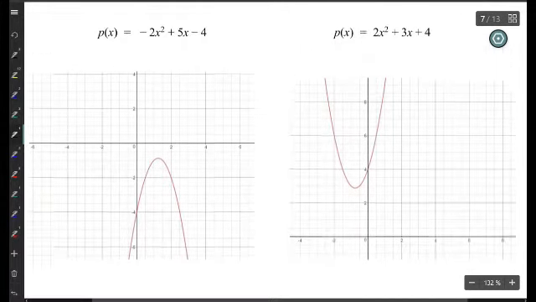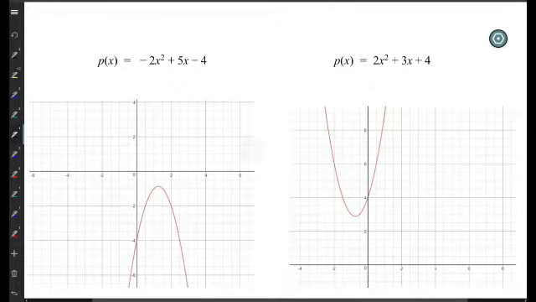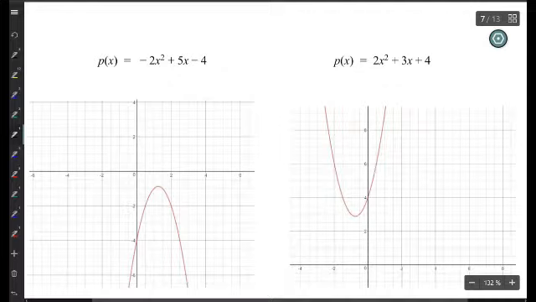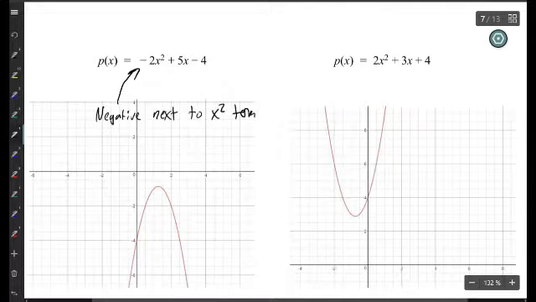So notice the negative next to the x squared term. So concave down.